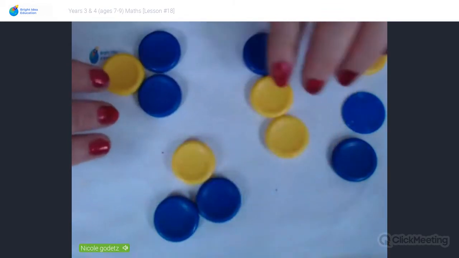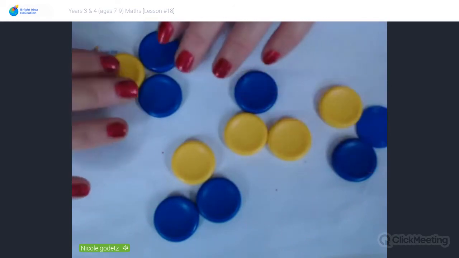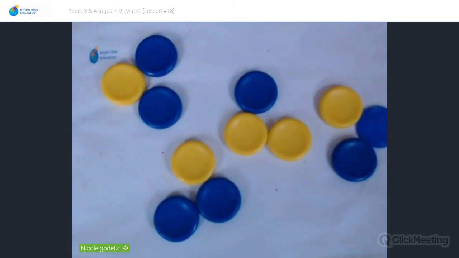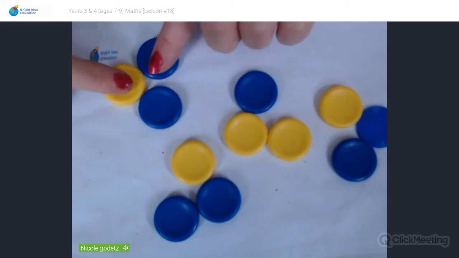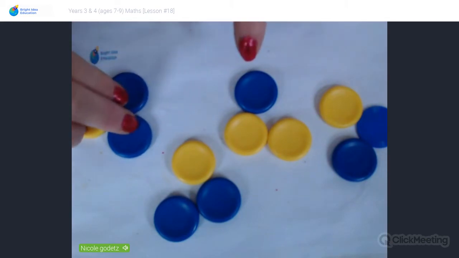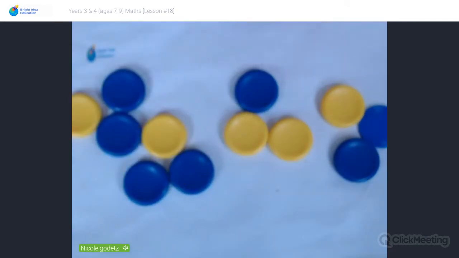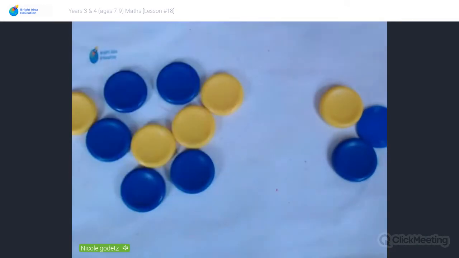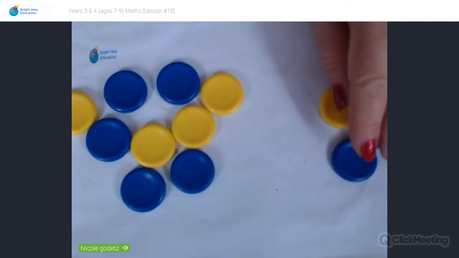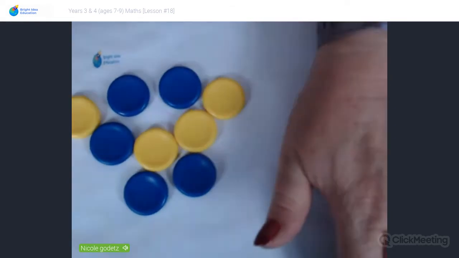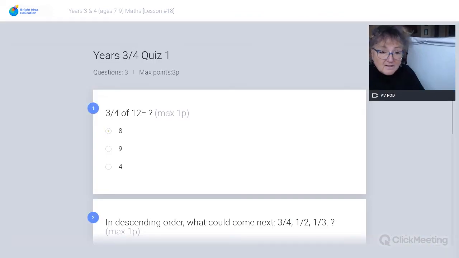So when I put 12 into 4 equal groups, I quarter 12. 1 quarter is 3, 2 quarters are 6, 3 quarters are 9, 4 quarters are 12. So 3 quarters of 12, which is the first question, is 9. We come back down here and have a look.